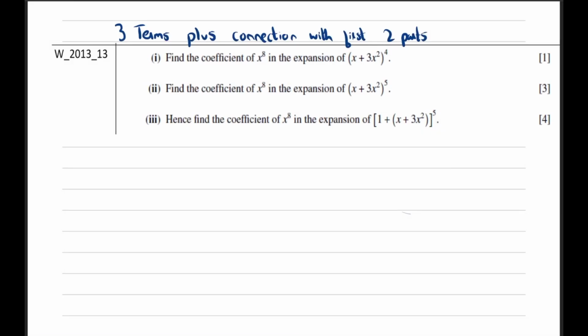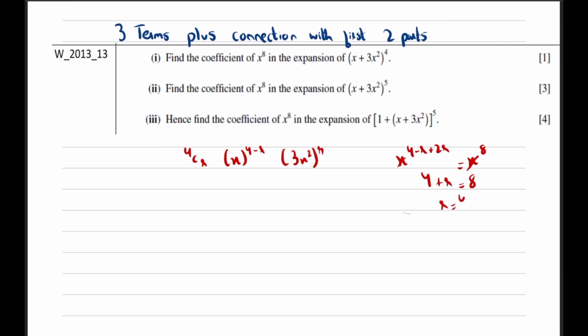Okay guys, so we need to find the coefficient of x power 8 in the first one. So you're going to write 4Cr x^(4-r) (3x^2)^r. Now what's the power of x? x^(4-r+2r), and what's required to us? 8. So I cancel this out. 4 plus r is equal to 8.